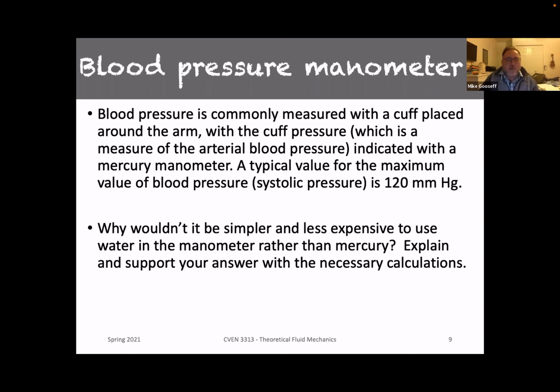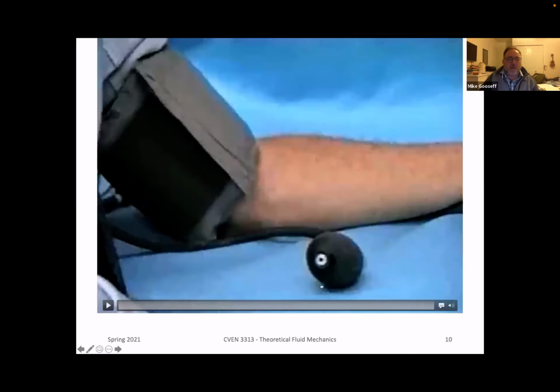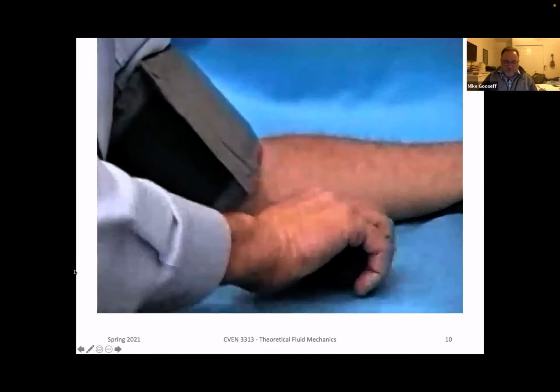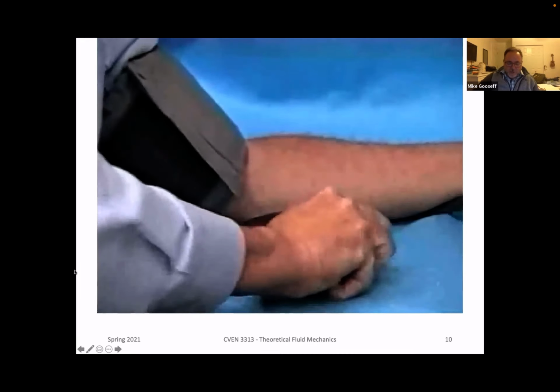All right, well, the question really comes down to whether there's some advantage to using mercury. Let's take a look at this video real fast. Let's see if I can get it queued up. Oh, shoot. I've got too many different windows open here. So here's our cuff on the outside of someone's arm. Hopefully all of you have experienced this before.